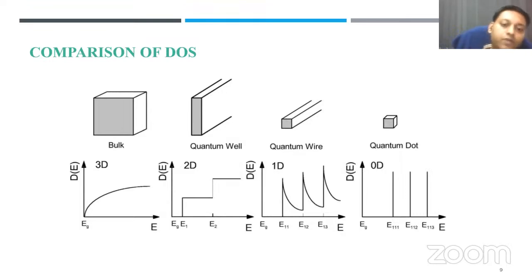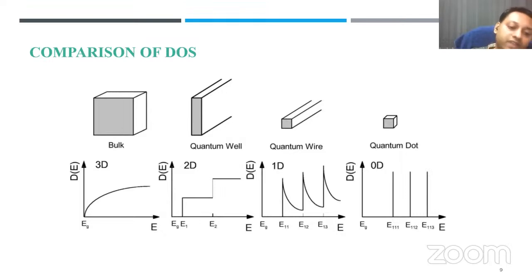In the case of a quantum well, which is a two-dimensional form of material, if we say this is the x direction, then the x direction is confined, however y and z directions are not confined. The impact of that on the density of states we can easily observe here, that there is a step increase in the energy level. And as I said earlier, quantum confinement leads to discretization of the energy states.